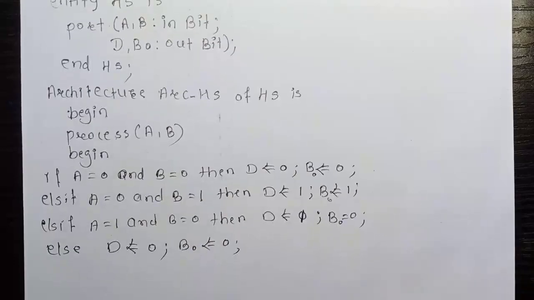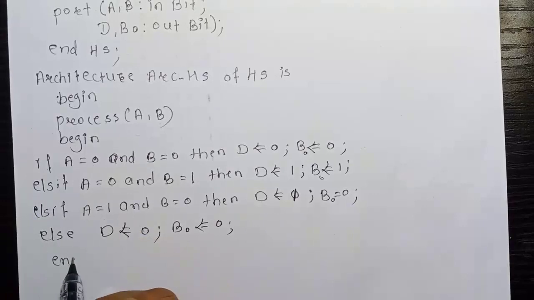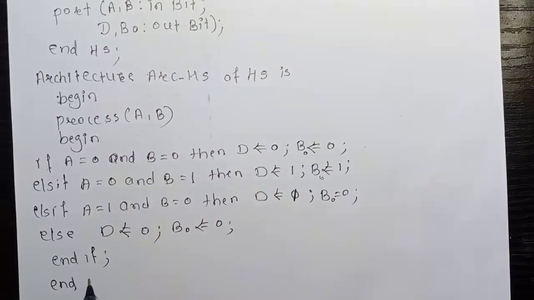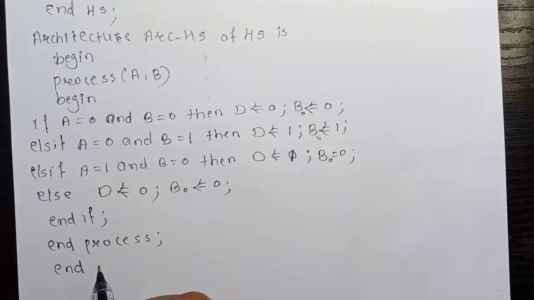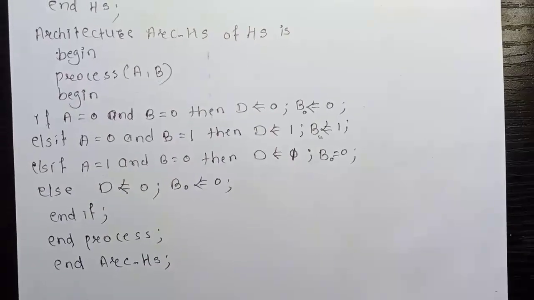Okay, and the last one is the end if clause. End if, then end process and end the name of your architecture. Okay, so this is the coding for half subtractor by using behavioral model.